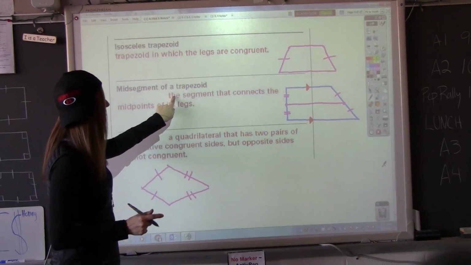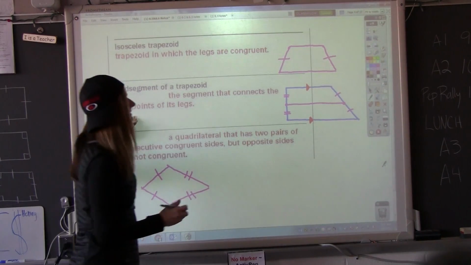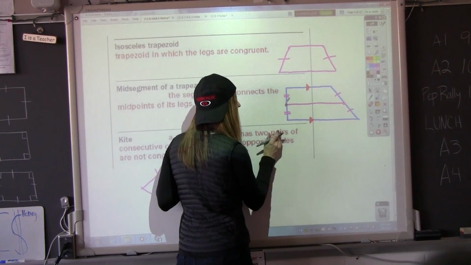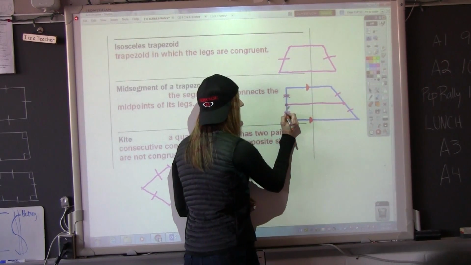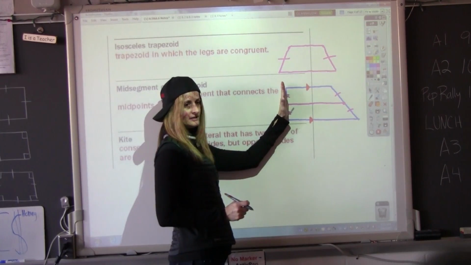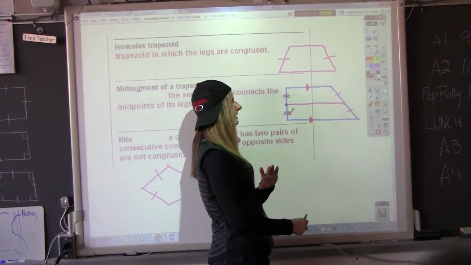The midsegment of a trapezoid is a segment that connects the midpoints of its legs. So here's the midpoint of this leg. It's right in the center, cuts it right in half, bisects that leg. So this length is the same measure as this length. Now this leg is not the same measure as this one. And I drew that specifically.